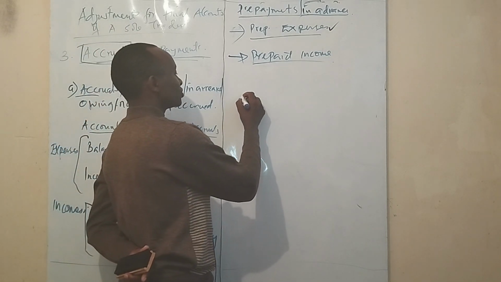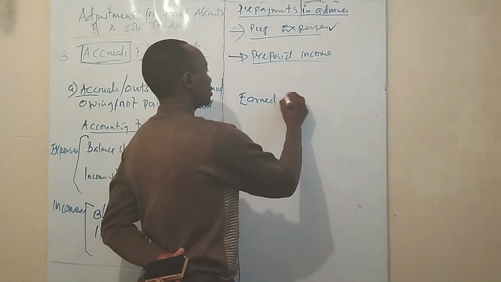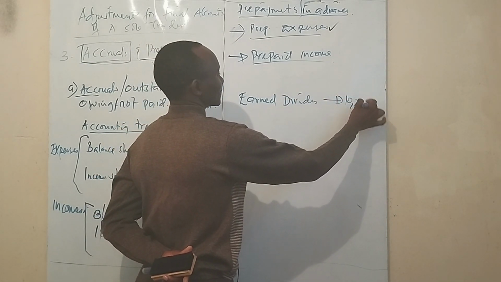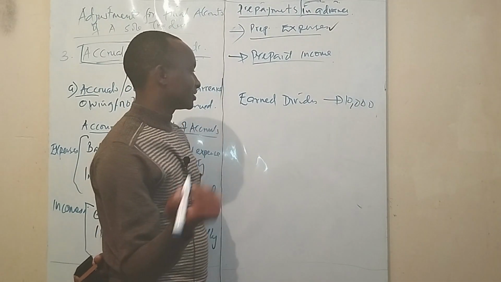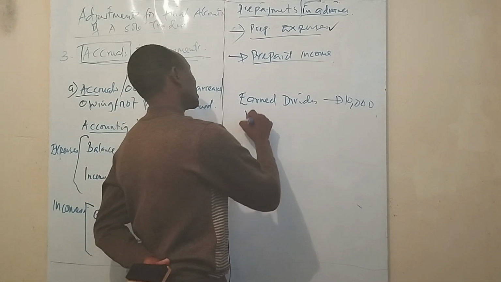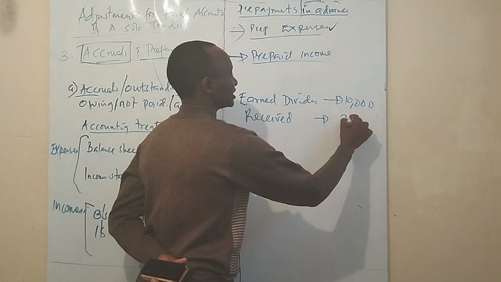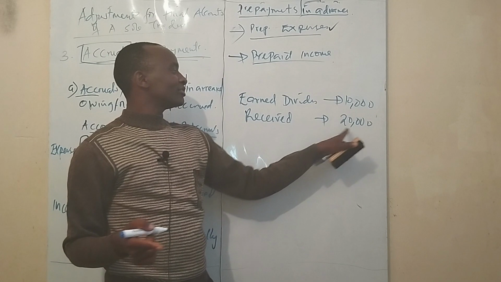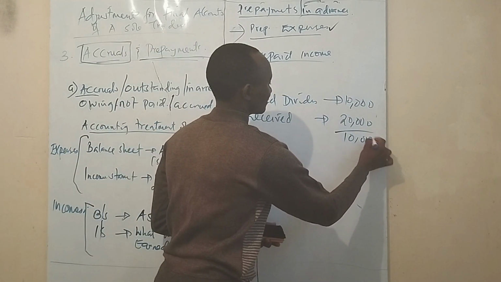We earned dividends of Kenya shillings 10,000, from maybe a certain circle. The dividend income was 10K that you earned for that period. But the circle maybe gave you 20,000. Remember you earned 10K, but the circle gave you in excess by 10,000.